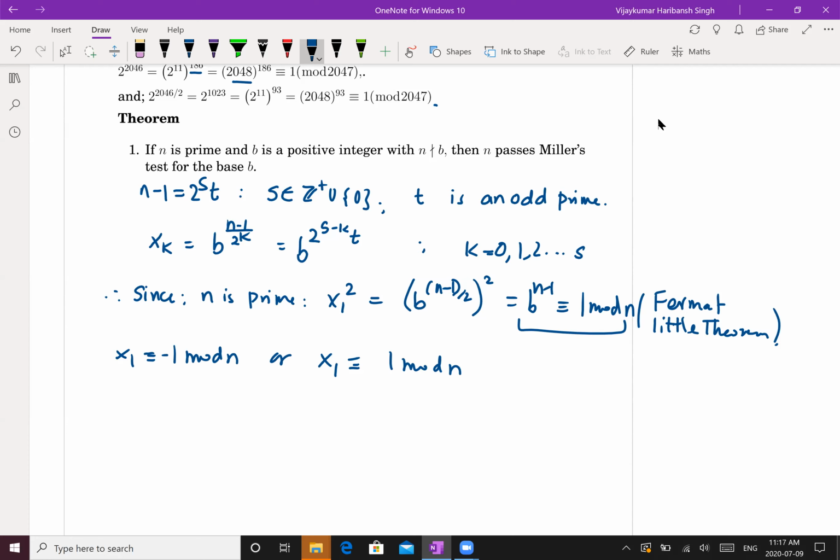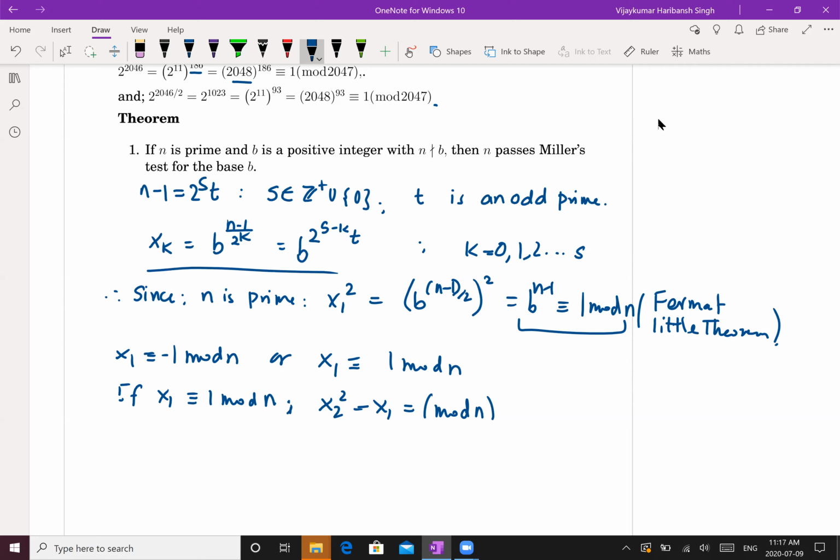Now, if x1 is congruent to 1 mod n, then we have x2 square is equal to x1, which is 1 mod n, right? Because that's how our definition is. x2 square is going to be multiplying by another factor of 2. So this is because of our definition here.